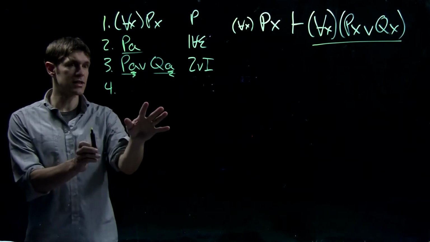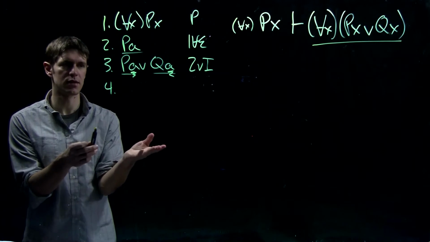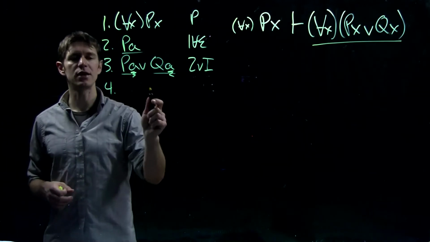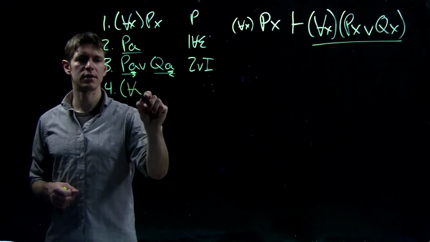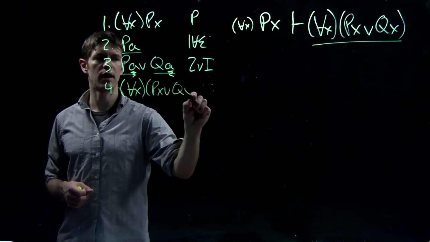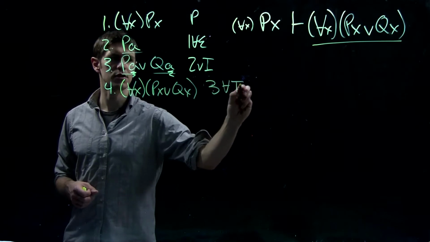And since this formula doesn't violate any of those restrictions, I can use the universal introduction rule on it. And so this is Ax, Px or Qx. And this is by 3 universal introduction.